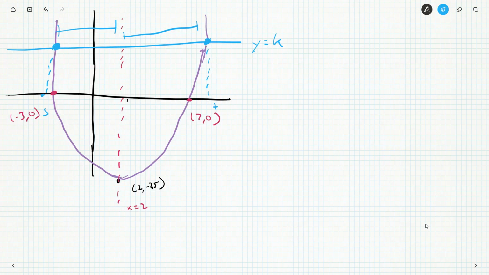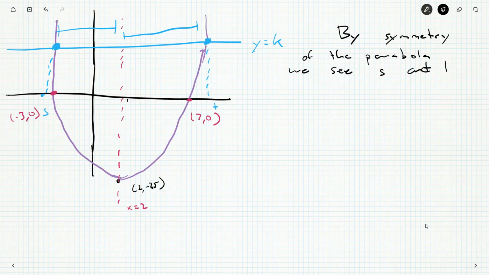So the nice thing here is this dividing line, 2, is the average between s and t. So we might say something like, by the symmetry of the parabola, you see s and t are evenly spaced from 2.